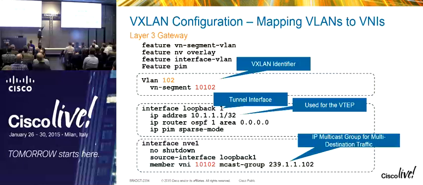For the L3 gateway, the thing that changed here is, well, my vn-segment-vlan and my feature nv overlay stay the same. Feature interface-vlan, because I can't do an L3 interface on a switch without that on NXOS, right? Feature PIM. This is an L3 box. So now, same thing, VLAN 102, vn-segment 10102, interface loopback 1, same thing.